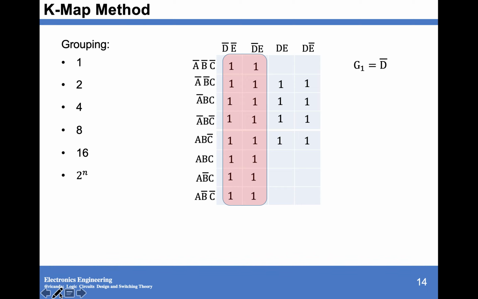Next, for this one, if you look at the number of 1s, there are 16 1s. But if we have 16 maps connected side by side, you cannot do a grouping by 16 without first looking at the number of 1s in each map.